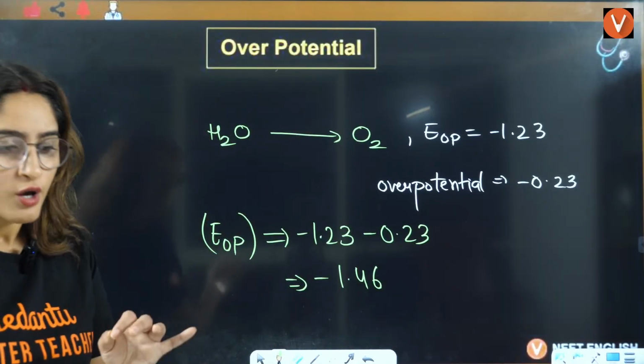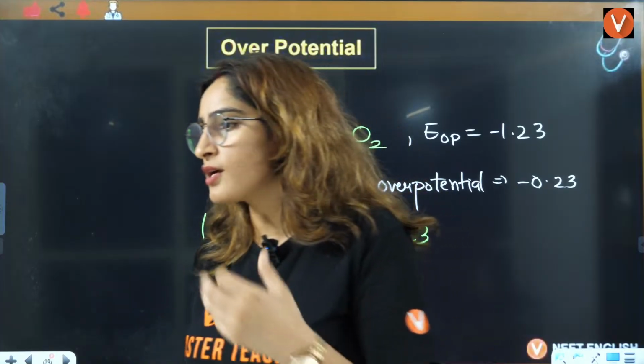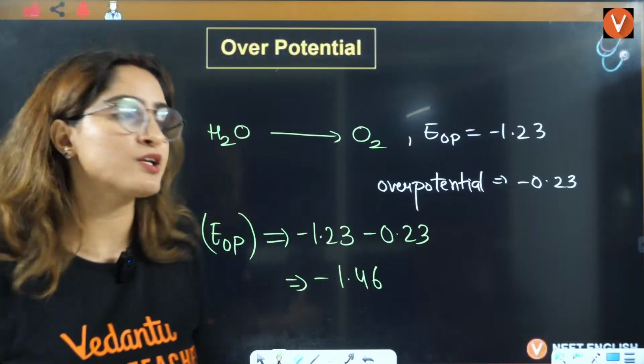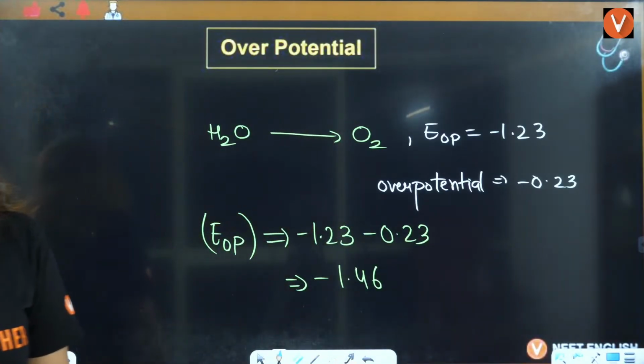They can also individually ask you what the overpotential of water is when you oxidize water, so it is going to be minus 0.23. Okay, is that clear, everybody?